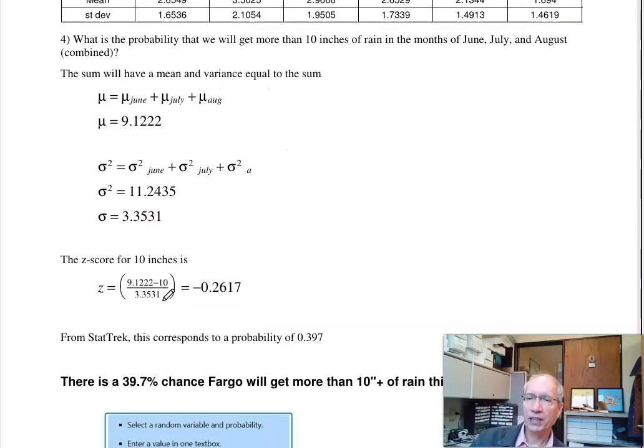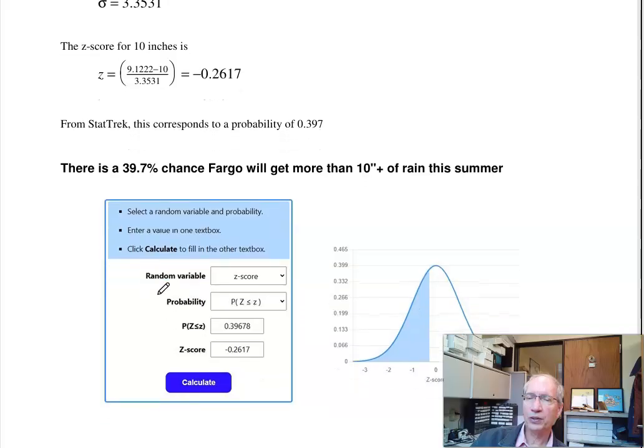For 10 inches of rain, to find the tail, how far is 10 from the mean in terms of standard deviations? It is 0.26 standard deviations away. Area of the tail is 39%.